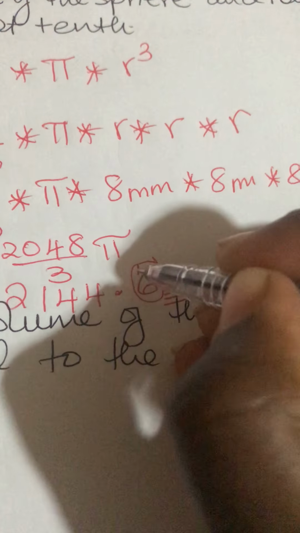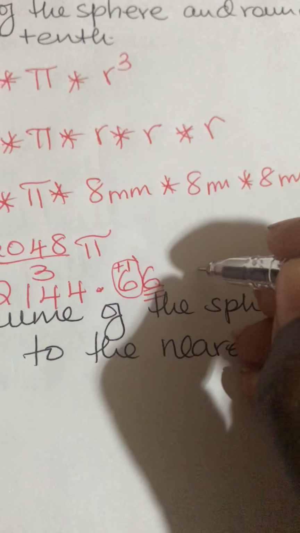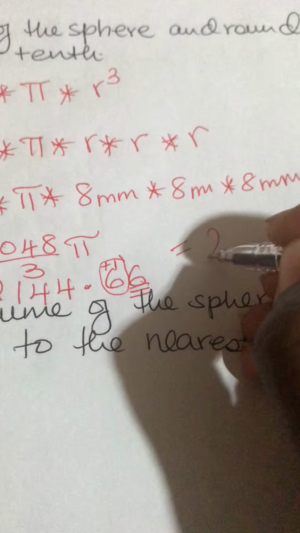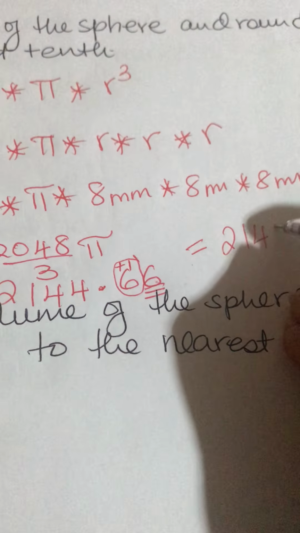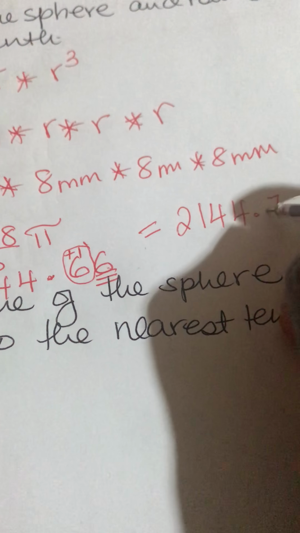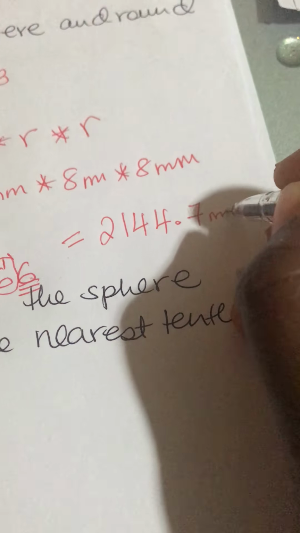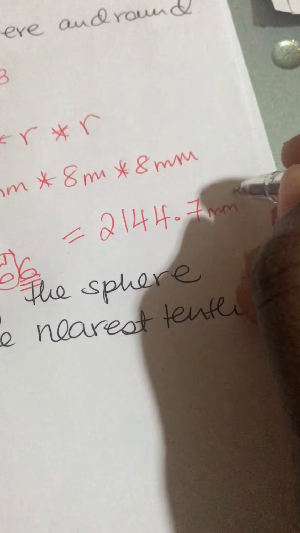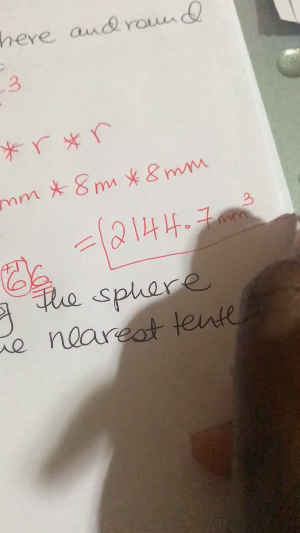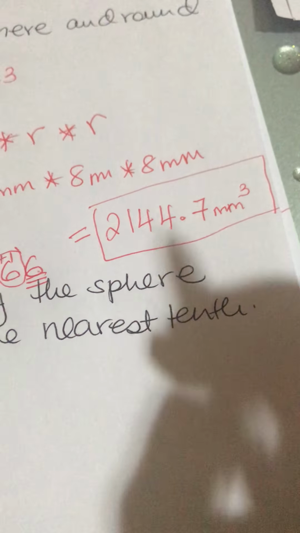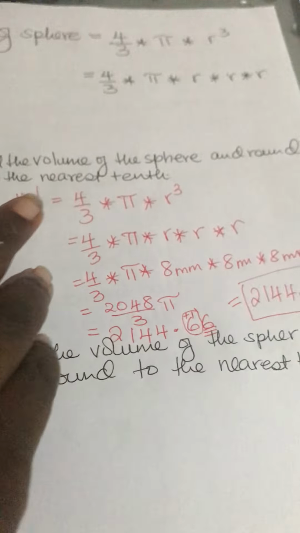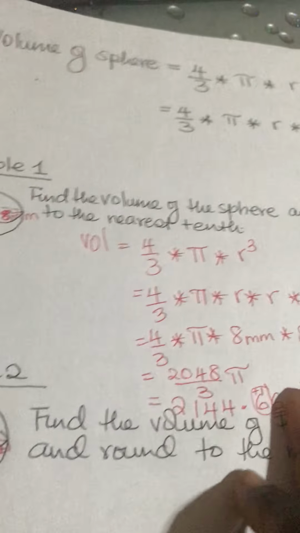So I'll add 1 to my circle. So my answer is 2144 and 7/10 millimeters cubed. And you box your answer. Just like that.